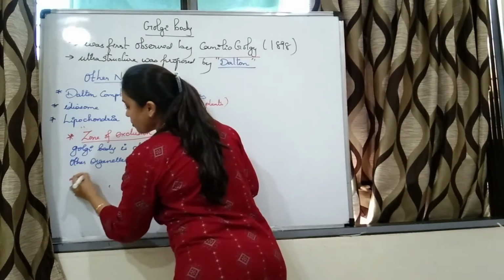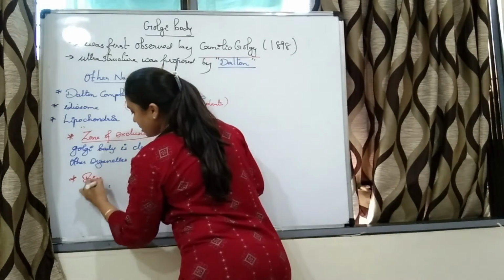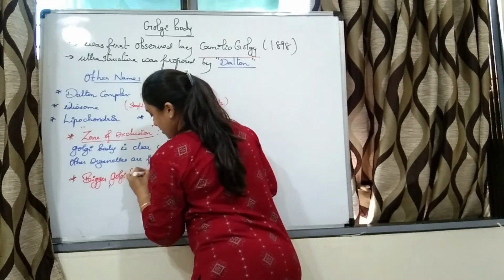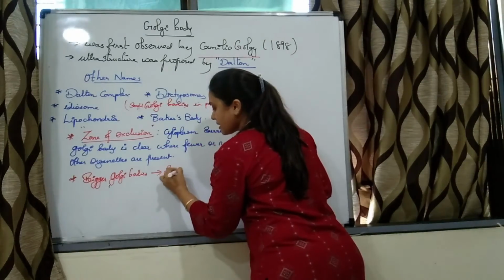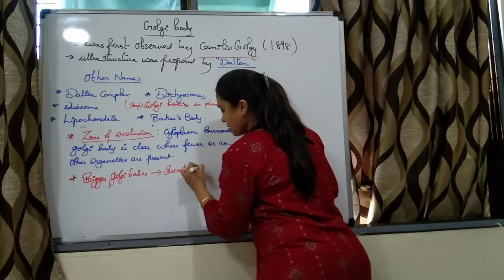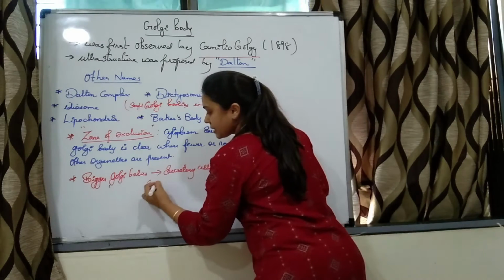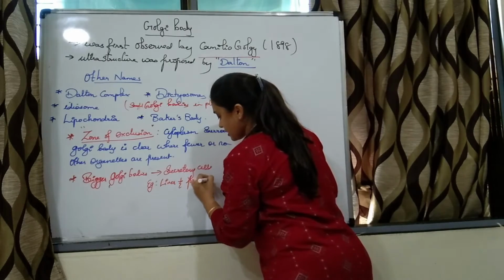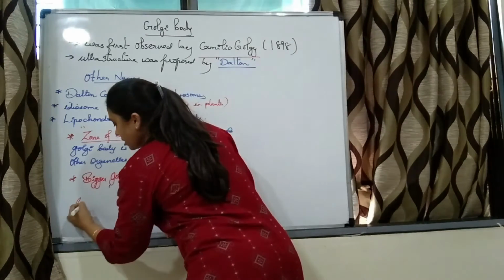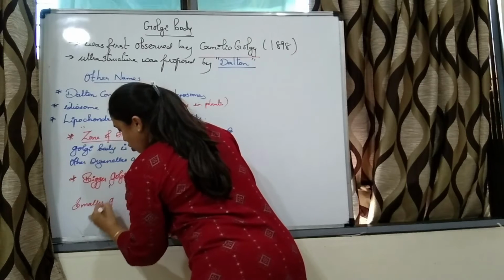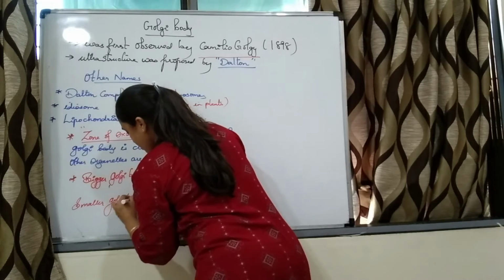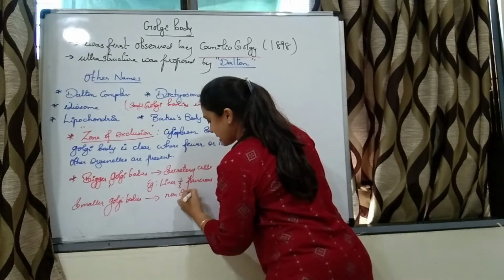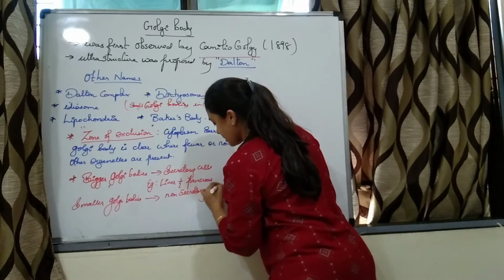Bigger Golgi bodies are seen in secretory cells, right? Example, the cells of liver and pancreas, and smaller Golgi bodies are seen in non-secretory cells, right?